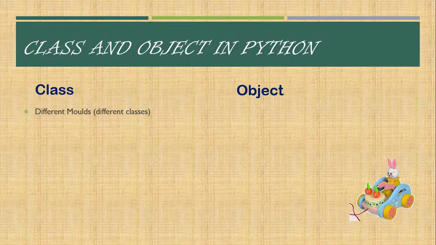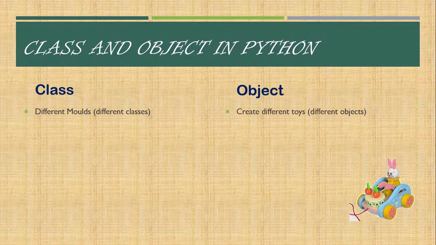So we can understand that different molds can be considered as different classes, and we can use different classes for creating different types of objects.